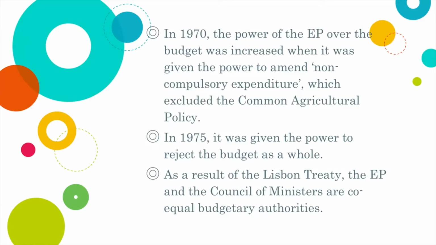As a result of the Treaty of Lisbon, the distinction between compulsory and non-compulsory expenditure has disappeared, giving Parliament power over the entire budget. Today, the European Parliament is one half of the bicameral system on the EU budget.